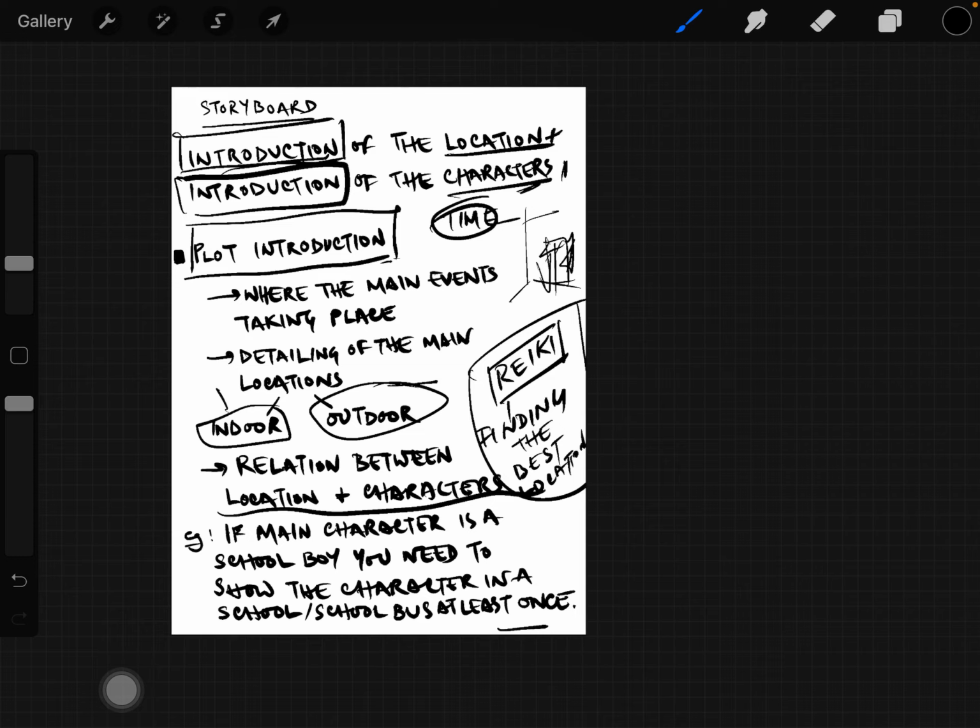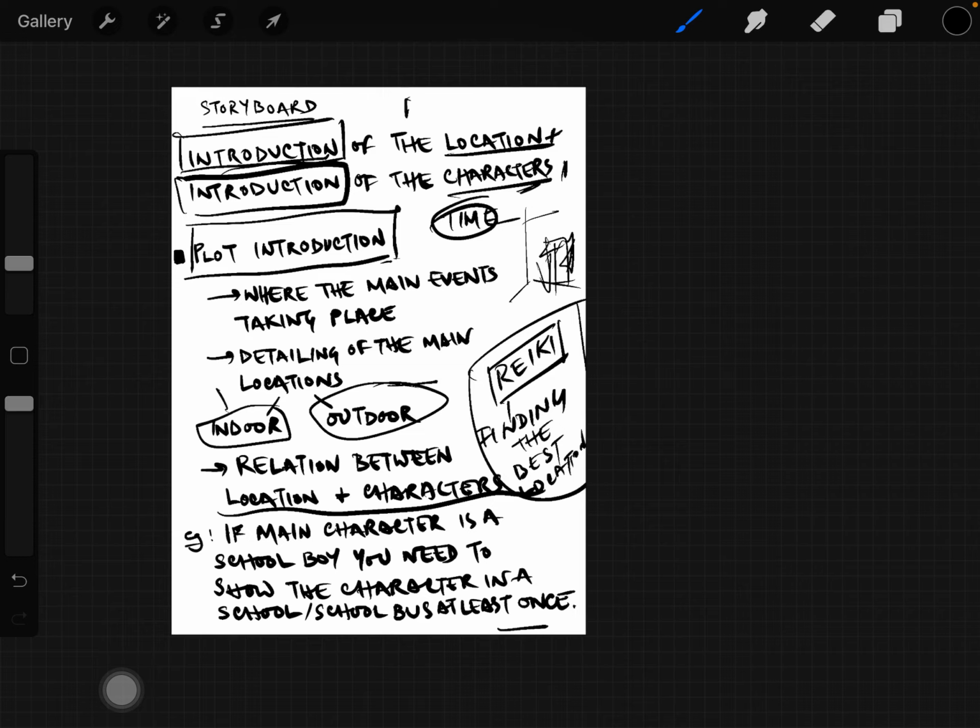It's very important, again, detailing whether it is indoor or outdoor, if it's a city or whatever the location is, what kind of time it is representing, what kind of city it is, about whom the story is. If the story is about middle class people, then the city or the location will not have very high tall buildings and everything, right?